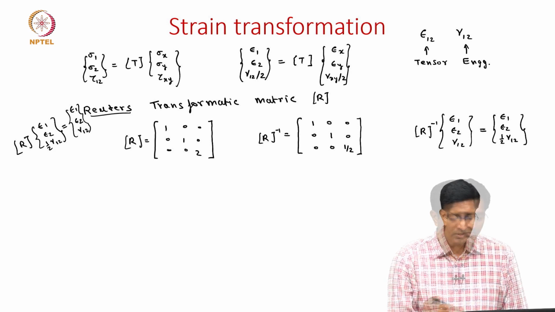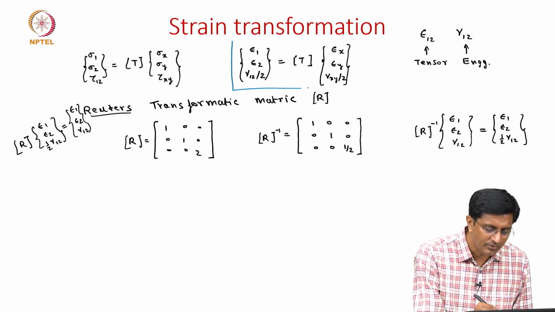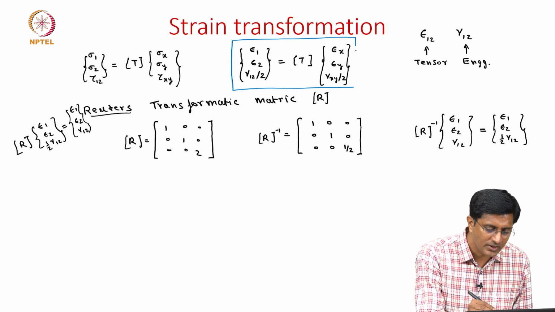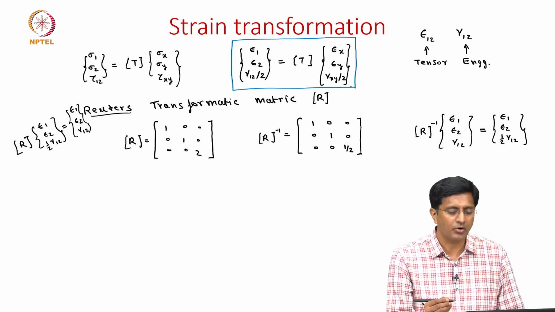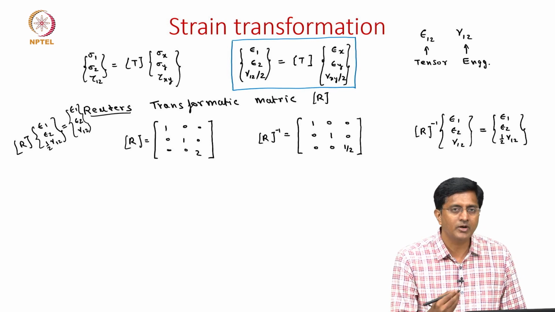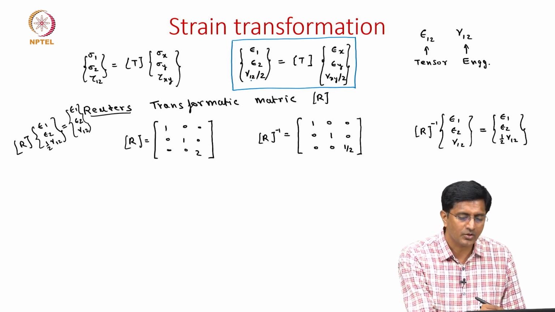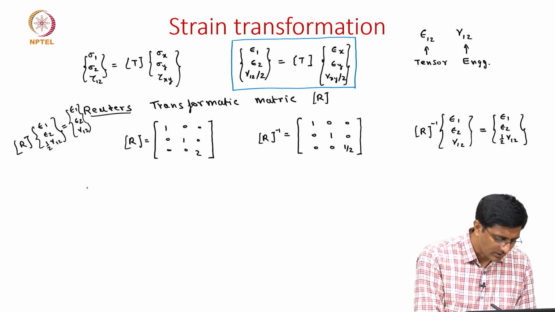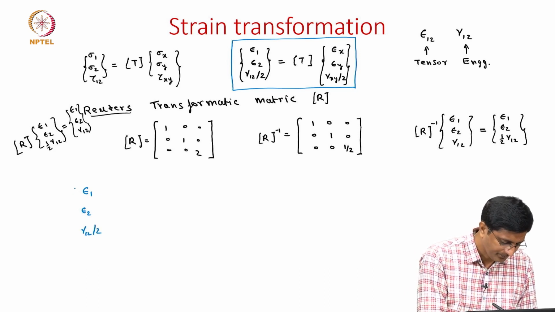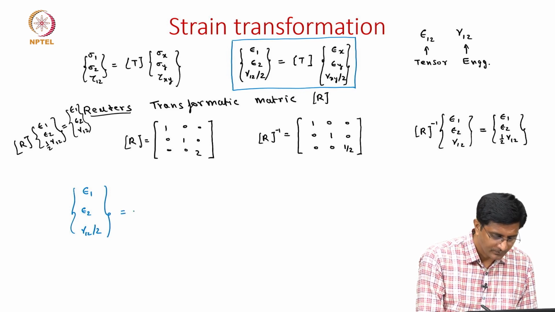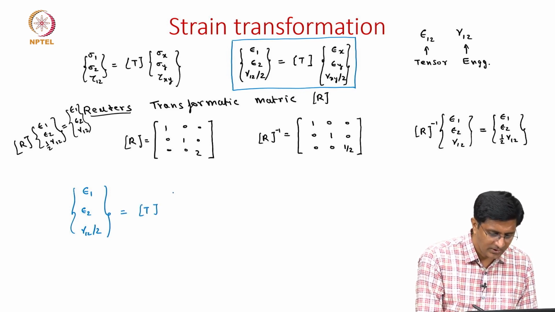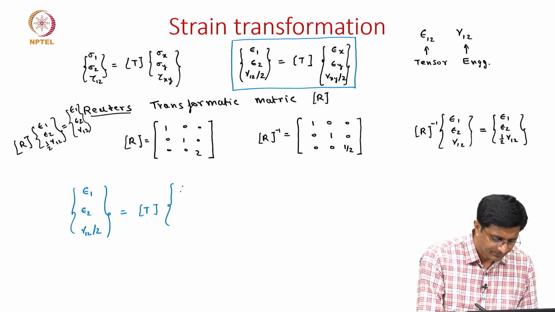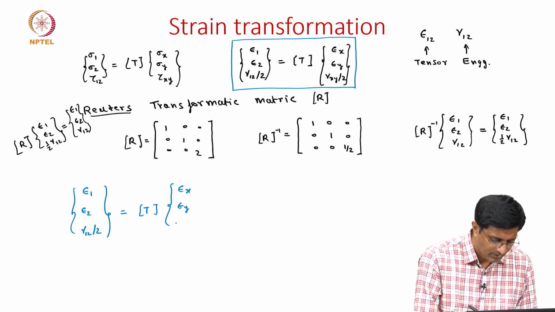We will again start from this relation where we have strains both in material and body coordinates, but this time let us try to write it in terms of the engineering quantities instead of the tensorial quantities. So, we start with the same thing: epsilon 1, epsilon 2, gamma 1 2 by 2 is the transformation matrix T times epsilon x, epsilon y and half of gamma x y.